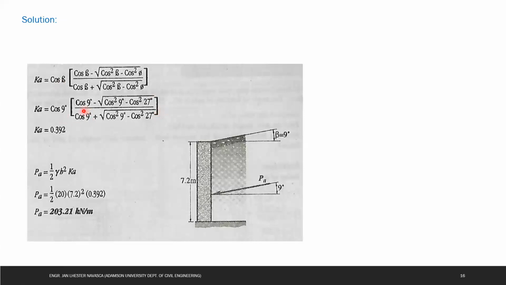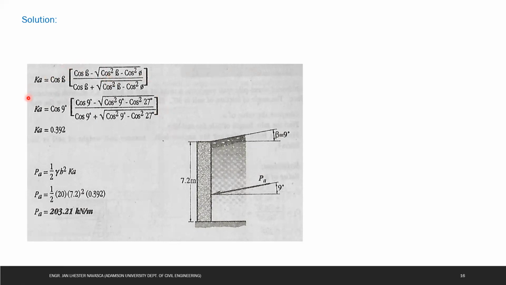So solving for K sub A: cosine beta multiplied by cosine beta minus square root of cosine squared beta minus cosine squared phi, over cosine beta plus square root of cosine squared beta minus cosine squared phi. Basically, your P sub A also has an angle of 9 degrees from horizontal.